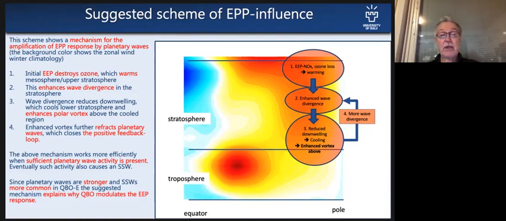Unfortunately, I will have no time to go into detail in this, but this loop works most efficiently with a sufficient level of planetary wave activity, which eventually also causes a subsequent warming. Since planetary waves are stronger and the warming is more common in the QBO easterly phase, the suggested mechanism explains also why the QBO modulates the EPP response to the polar vortex.